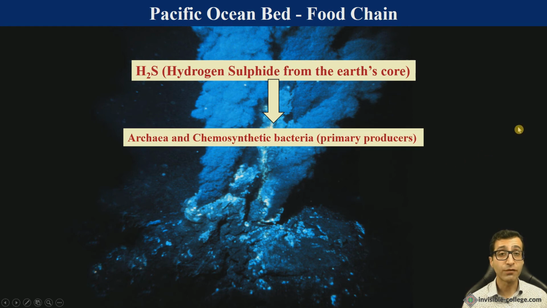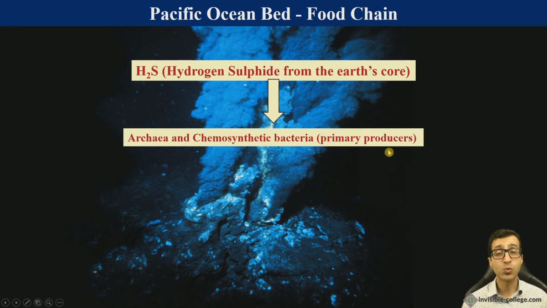Now, hydrogen sulfide is the chemical which is responsible for the rotten egg smell that you can smell when eggs decompose, for example. So hydrogen sulfide from the Earth's core, found in this superheated water emerging from this hydrothermal vent, this chemical is used by archaea and chemosynthetic bacteria, and these form the primary producers of this food chain.